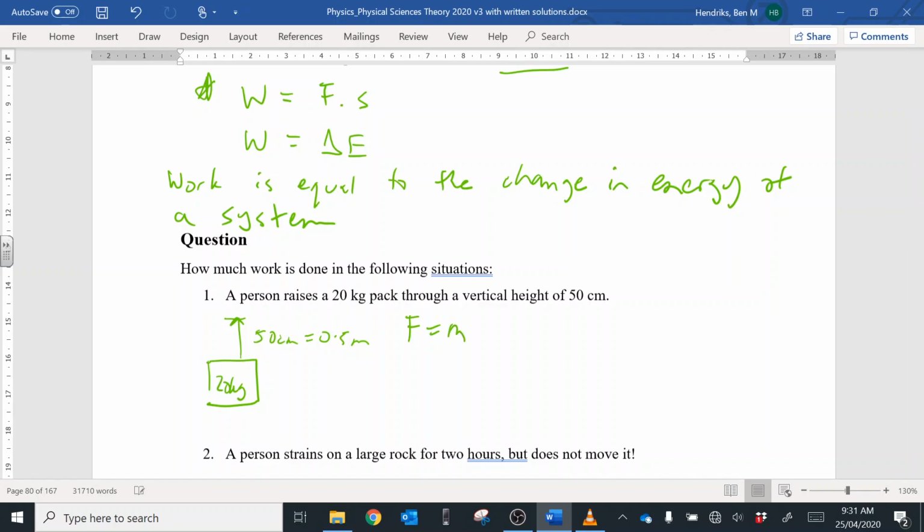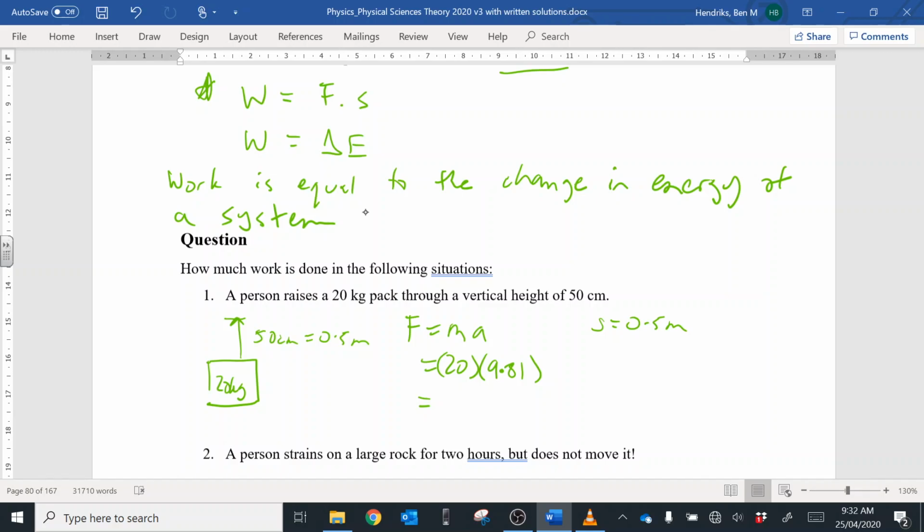So let's work out what the force is equal to. It's mass times acceleration, which is going to be equal to 20 kilograms times 9.81. So the force of gravity, that's going to overcome the force of gravity. Okay, S is going to be equal to 0.5 meters.